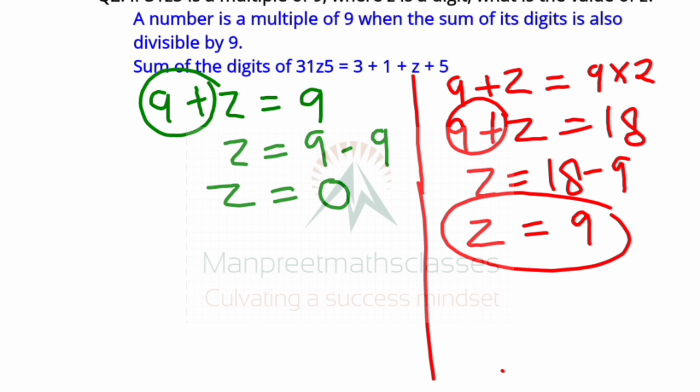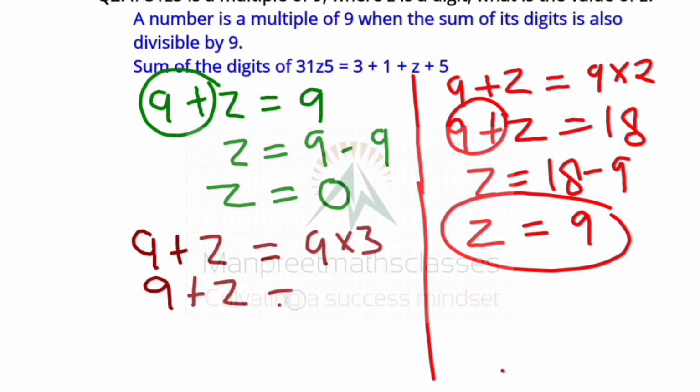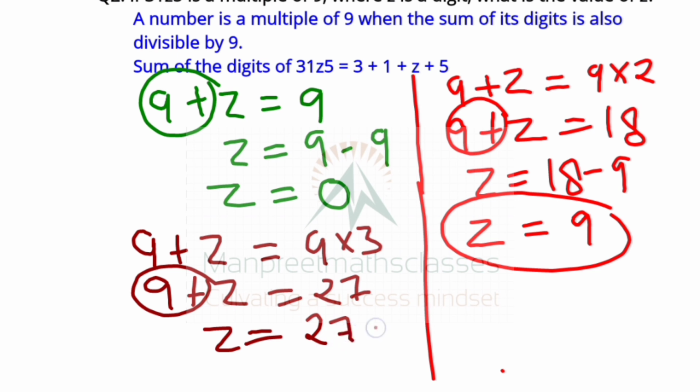Now what if we take 9 plus z is equals to 9 into 3, 27. So 9 plus z is equals to 27. Now if I transfer this, z is equals to 27 minus 9. So you will get 18.